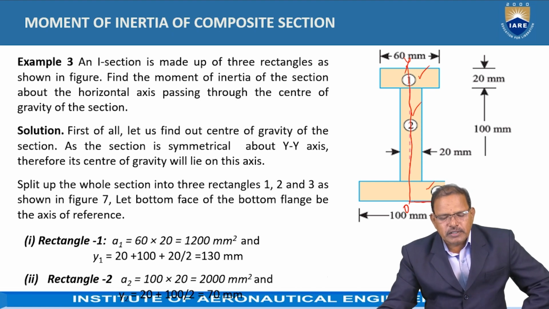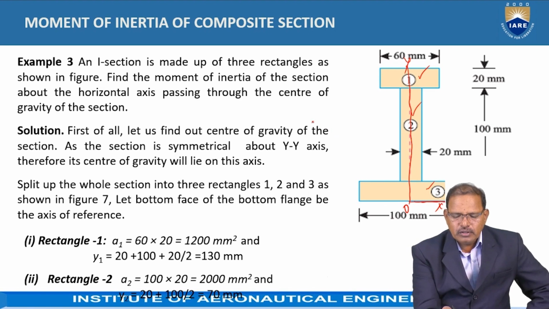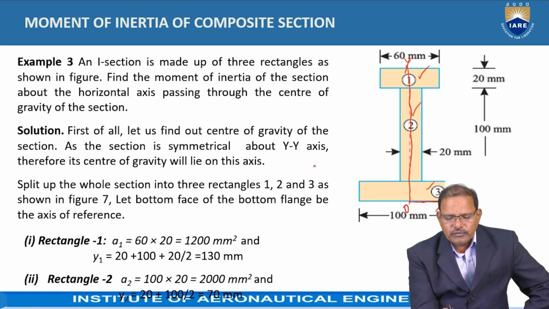Now, let us first find the center of gravity of the I section. Since it is divided into 3 segments and symmetrical about the y-axis, the x coordinate is equal to 0, and only y is the coordinate we have to determine.